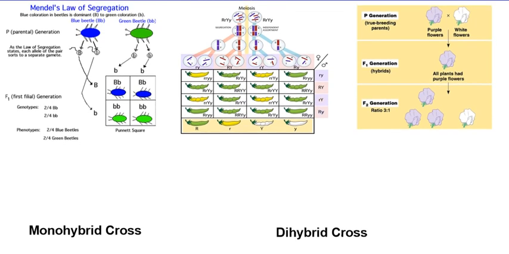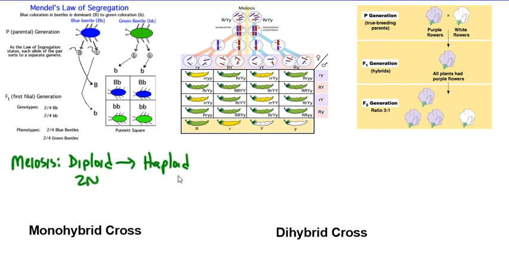So when we look at the law of segregation, remember, we are going from a diploid to a haploid cell. So this comes back to meiosis. Where meiosis is going from diploid, remember we have 2 copies of everything, to haploid, where we have 1 copy of those chromosomes.